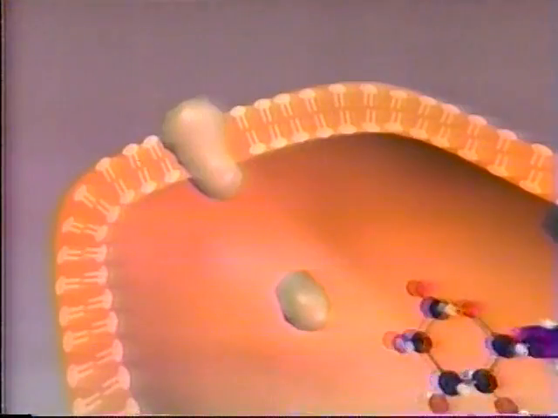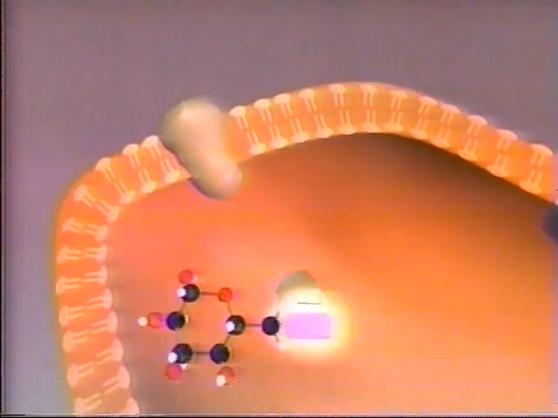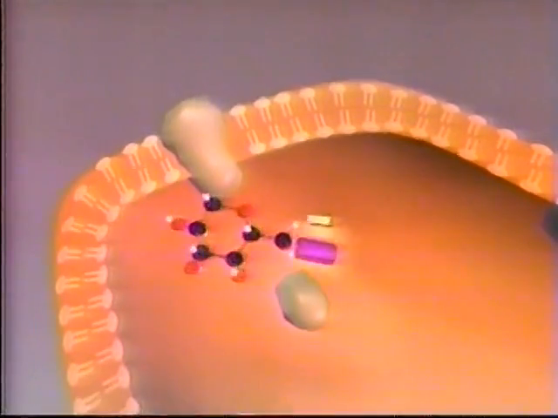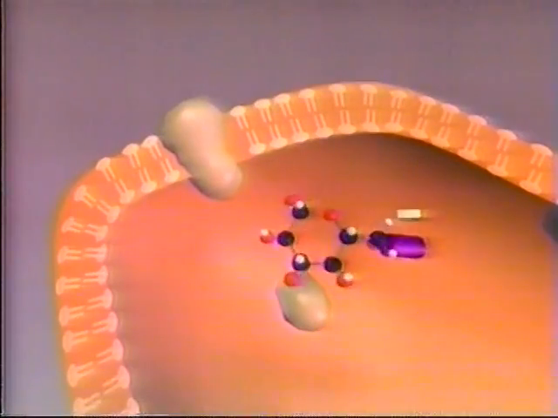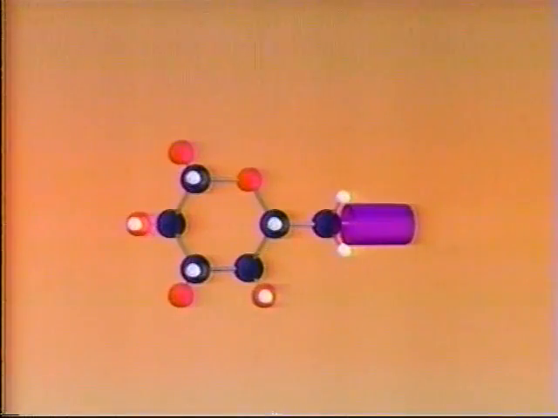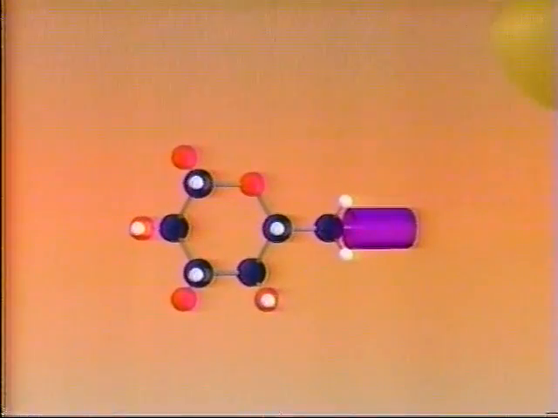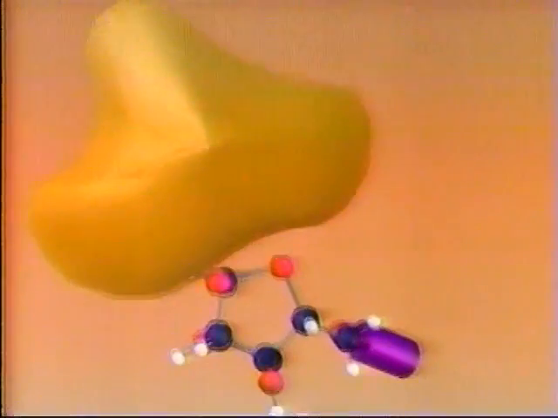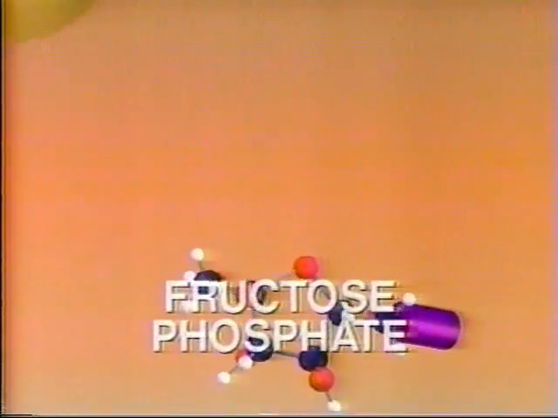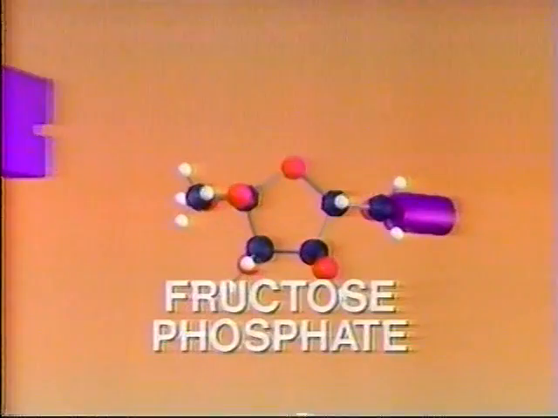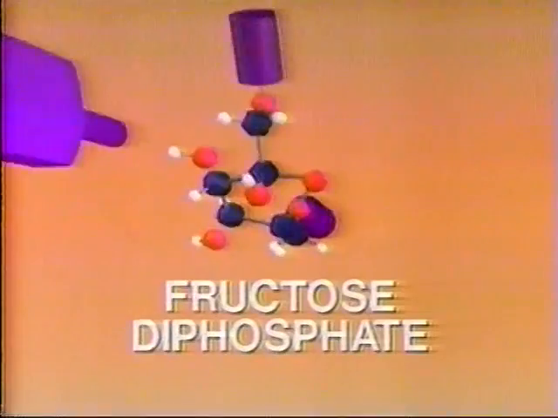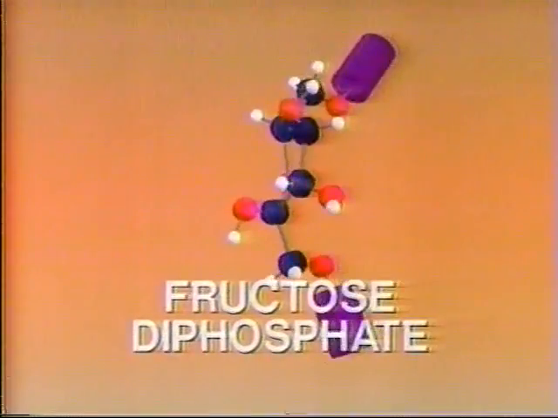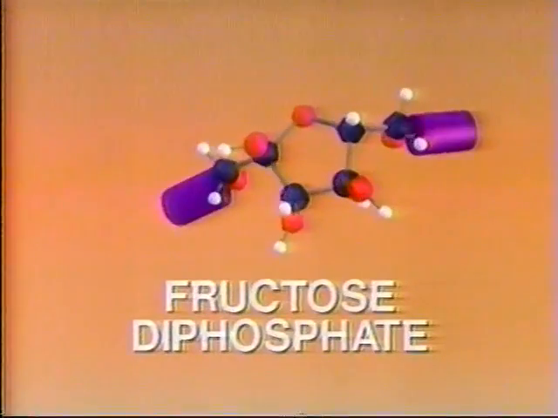The placement of the negatively charged phosphate group on the glucose confines glucose phosphate within the cell. In reaction 2, the committed glucose phosphate encounters an enzyme and is reshaped to fructose phosphate. In reaction 3, fructose phosphate reacts with a molecule of ATP, producing fructose diphosphate.